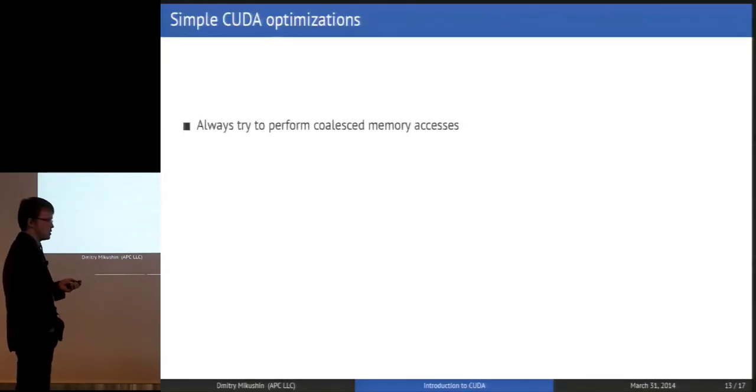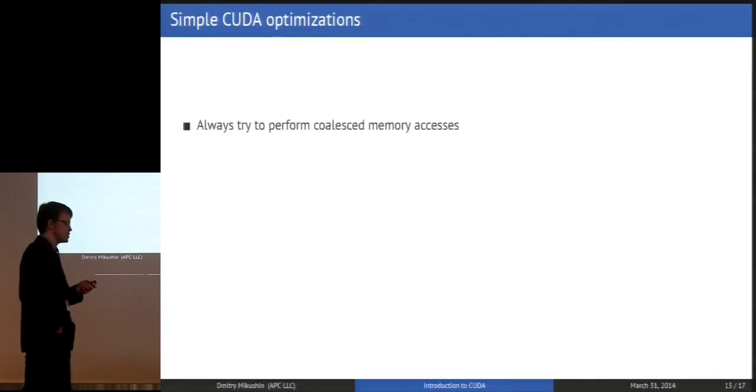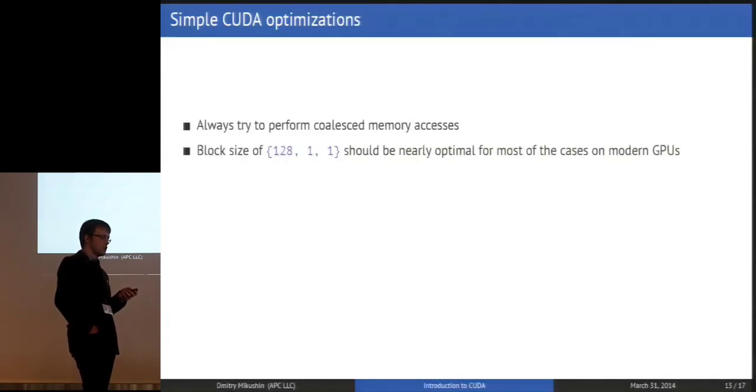Okay, so for the introductory part, we can talk a little bit about simple optimizations. The essential thing is to do coalesced memory accesses. This is the most essential thing to have impressive GPU speedups.